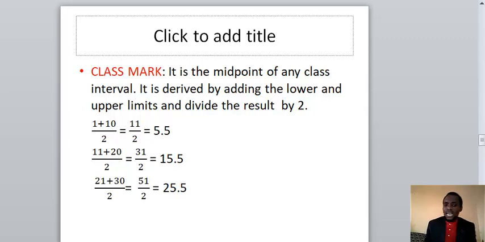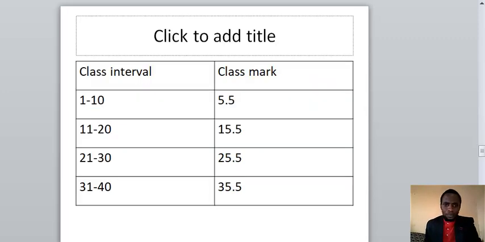Then the second class, we have the lower and the upper, 11 and 20. Add them together, it gives us 31, divided by 2 gives us 15.5. The next class is 21 plus 30, which gives us 51, divided by 2 is 25.5. Like that, the next class is going to be 31 plus 40, and so on and so forth. That is the class mark.